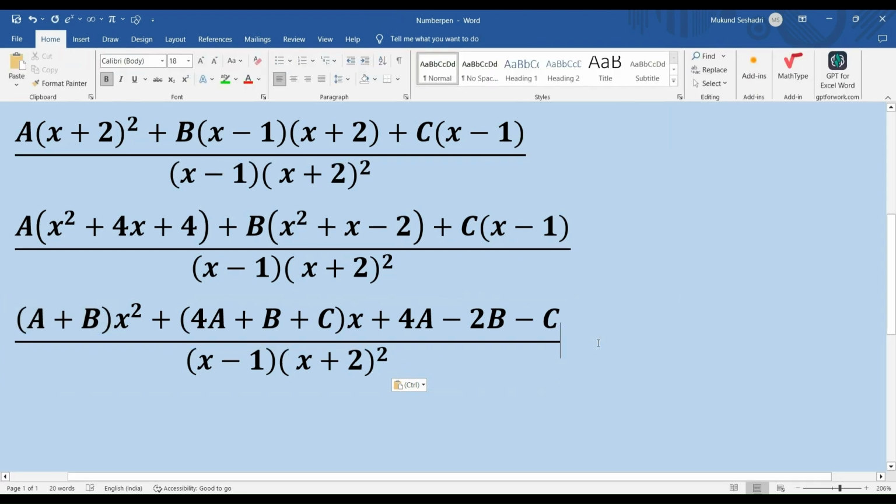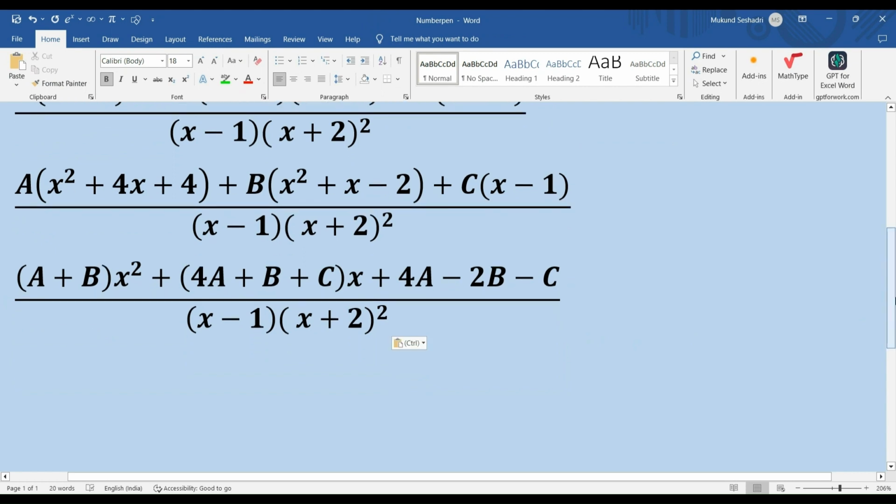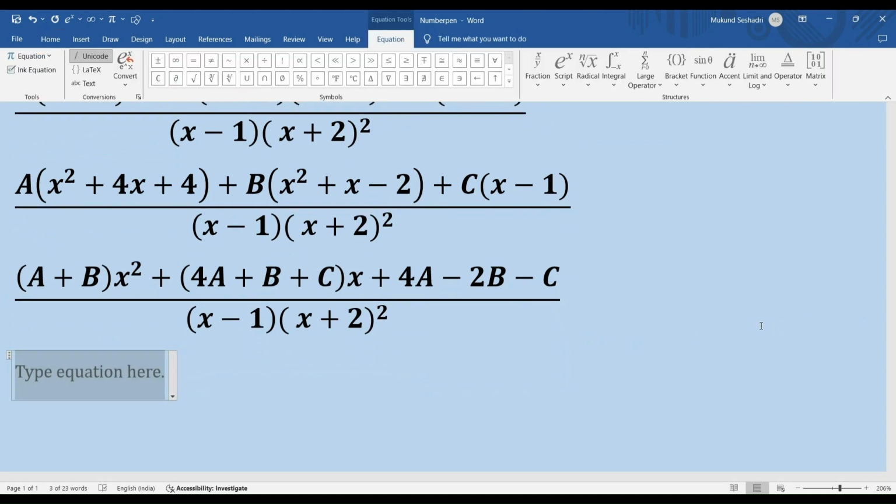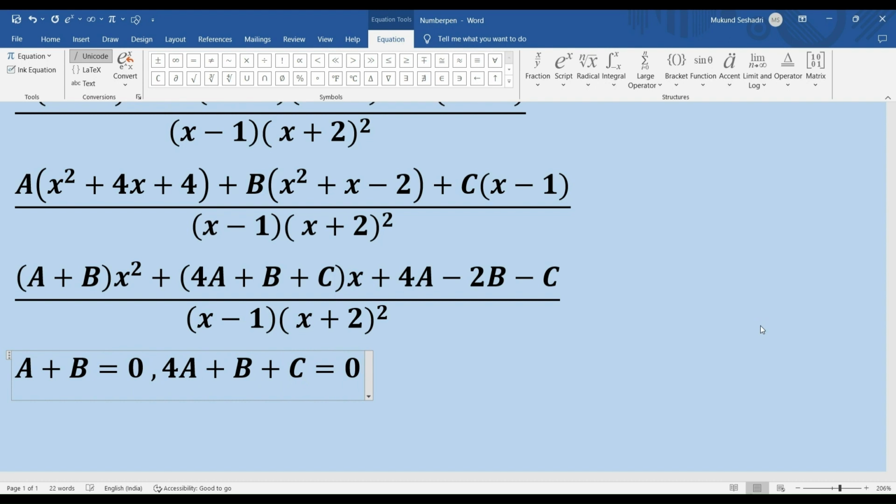So how do I find out what are my a, b, and c terms? So my coefficient of x squared in the given expression is 0, right? Because I just have a 1 in the numerator. Similarly, my coefficient of x in the numerator is also a 0, which means I have 4a plus b plus c also equal to 0.